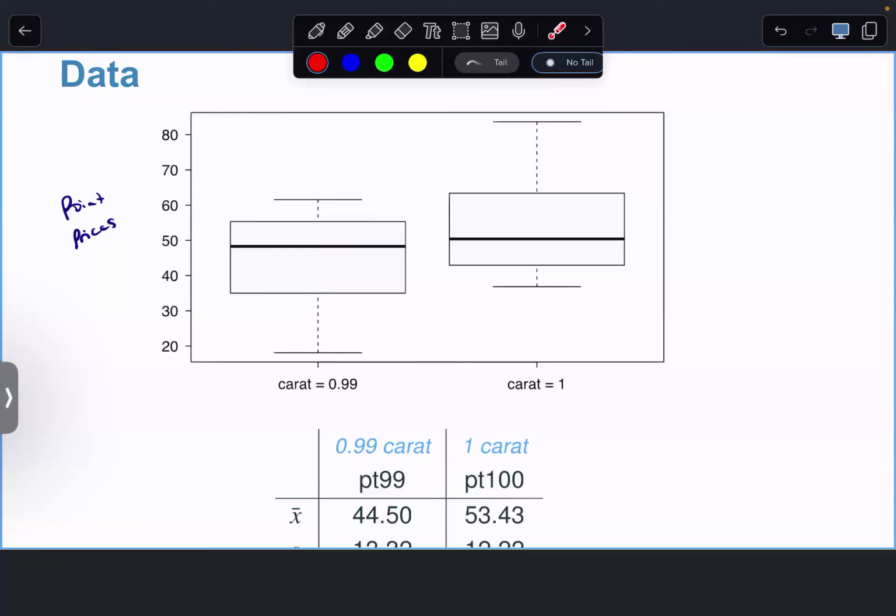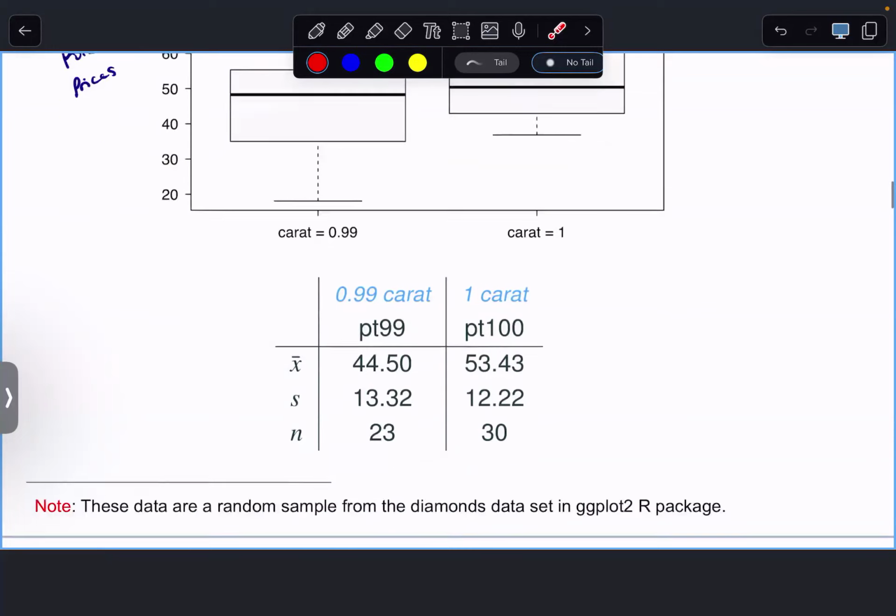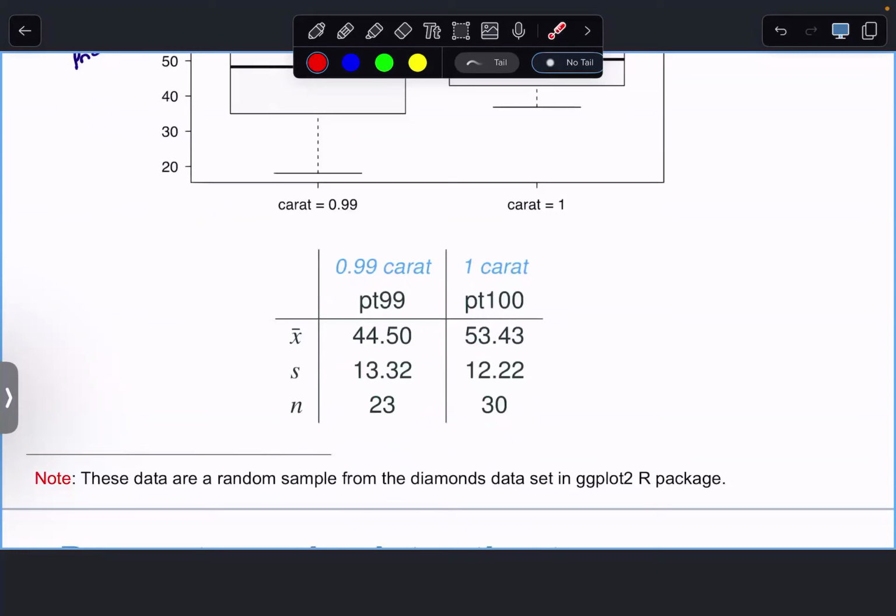I wouldn't say that's truly the case, but it is my argument because I need it to be normally distributed or approximately normal. Here, same thing, I would argue it's roughly symmetric, and so I would argue normality. If we can't argue normality, our sample size has to be bigger than 30, and then we can just assume normality.